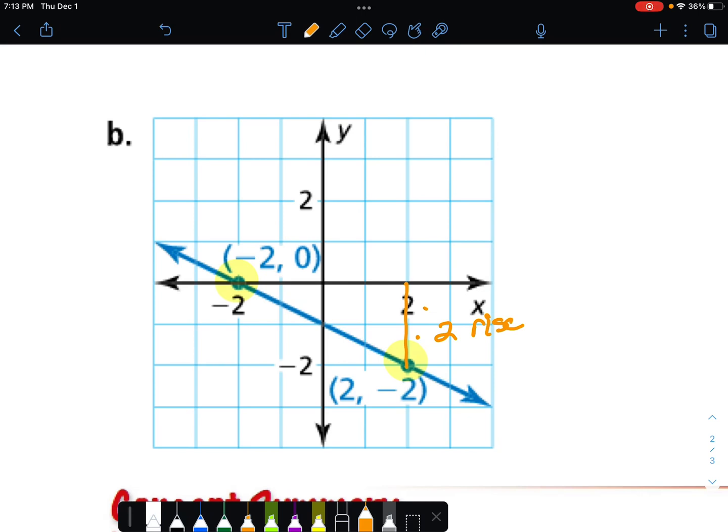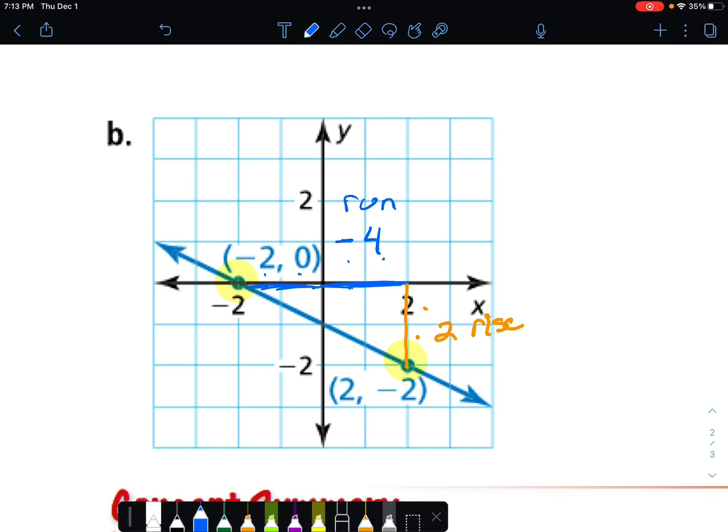And then I'm going to look at my run. Now notice how I'm going left instead of right. So move it a little bit below that x-axis so you can see. That distance there is going to be 1, 2, 3, 4 boxes to my left. So I'm going to make this a negative 4. Okay, and that is my run.